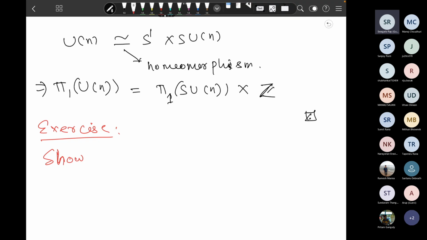For a semi-direct product, you have to show that at least one group is normal, and H1 intersection H2 is identity. That also you have to ensure.